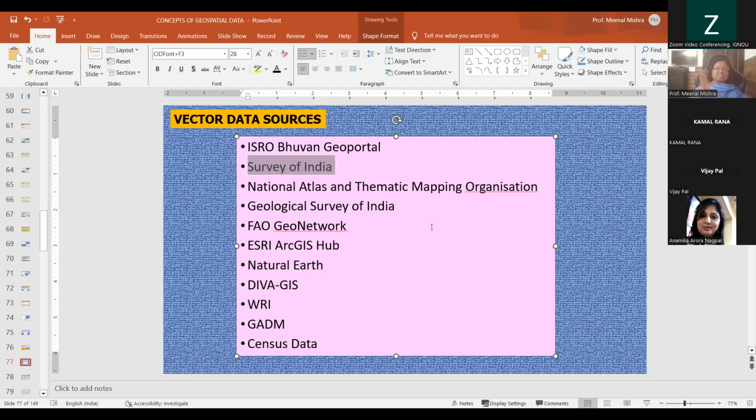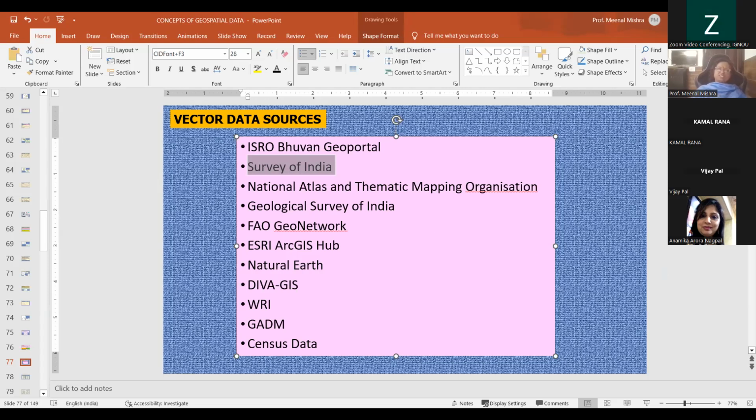They provide CDs also nowadays, and a lot of free data of different scales is available on the Survey of India portal. All this data is used for defense and the development of the nation.